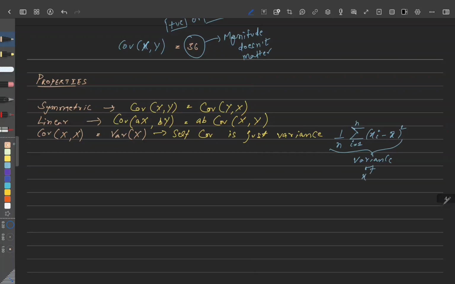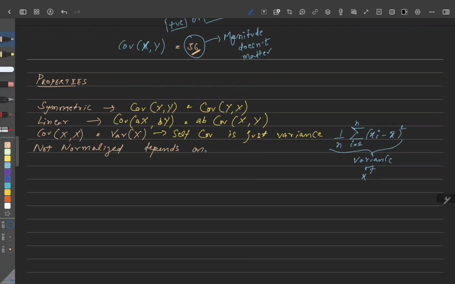This is not normalized. What I mean is that a value like 36 has no meaning by itself; magnitude doesn't really matter. So this is what we mean when we say it is not normalized, and it simply depends on units. If the units are the same, the interpretation would be better.